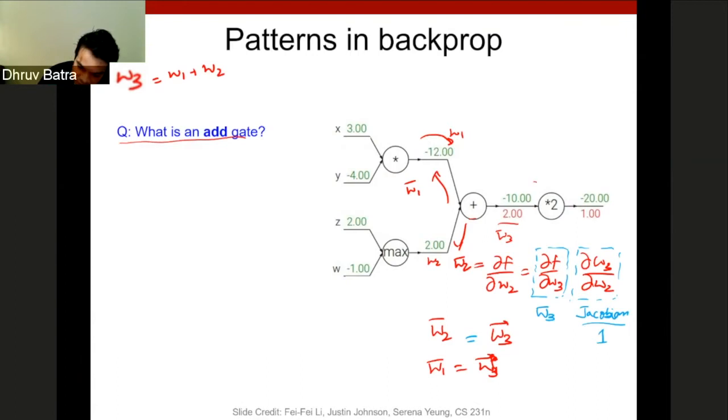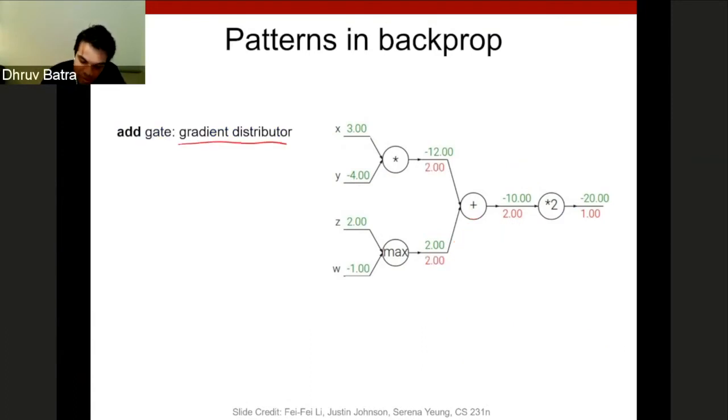We have gradients coming in, the w3 bar coming in, and we have w1 bar equal to it and w2 bar equal to it. This tells us that we can think of an add gate in a computation flow graph as a gradient distributor. This is the gradient that came in, and it essentially distributed it: w1 bar equals w3 bar, and w2 bar equals w3 bar.